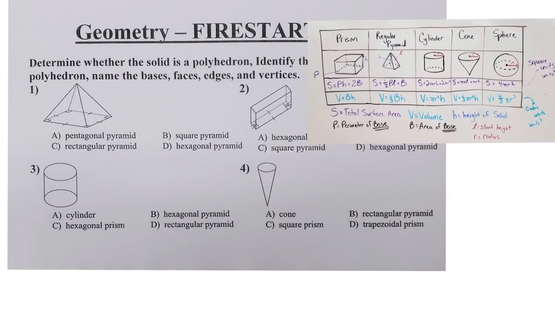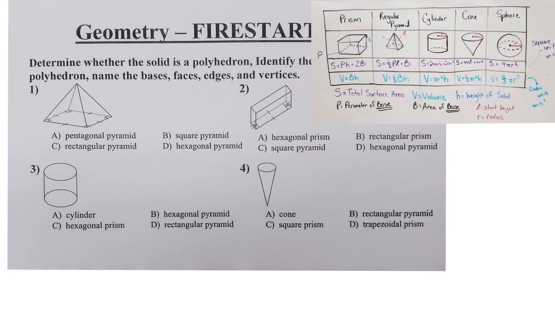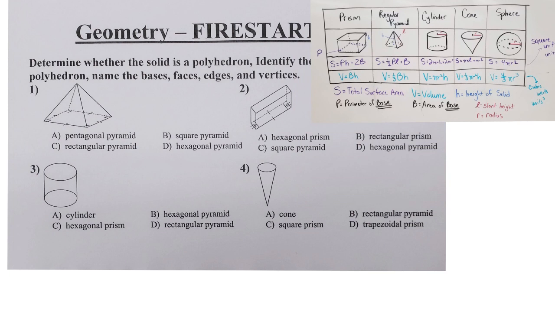I did put this little hint page from earlier. So remember, we want to identify the bases, faces, and edges, and vertices. So, 1, it is a polyhedron. It is a 3-dimensional solid with connected, identifiable edges, bases, faces, vertices, etc. Alright.